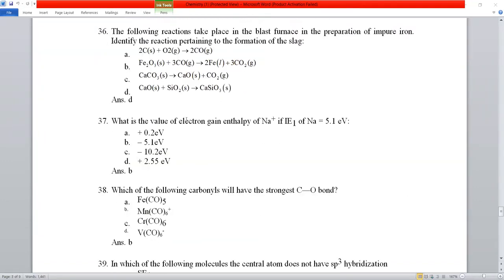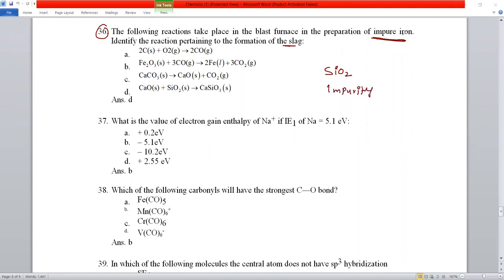Question number 36. The following reactions take place in the blast furnace, preparation of impure iron, and the reaction pertaining to the formation of slag, nothing but to remove the impurities. In impure iron, what impurity will be present? SiO2 is the impurity.